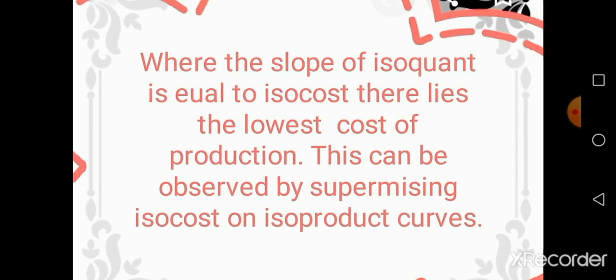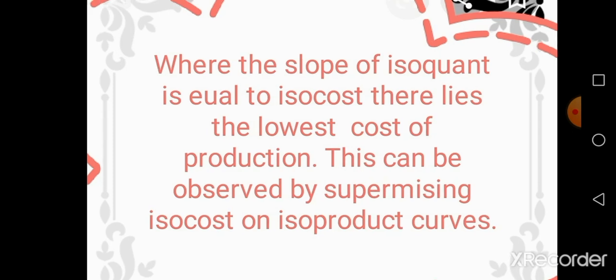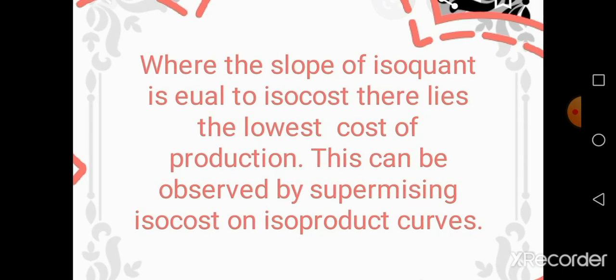Where the slope of the isoquant is equal to the isocost, there lies the lowest cost of production. This can be observed by superimposing isocost on isoproduct curves.